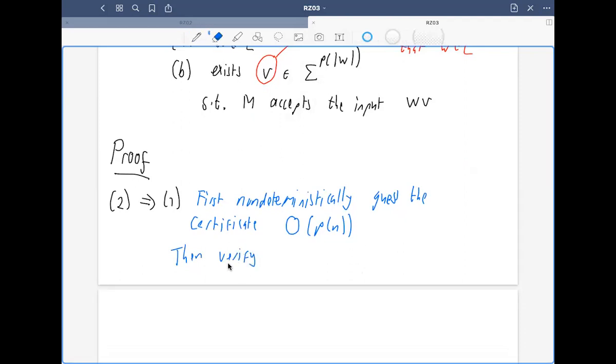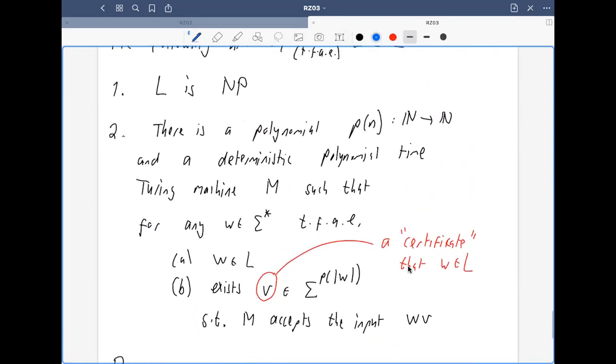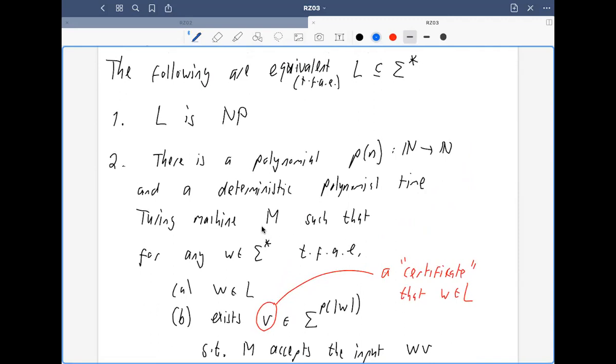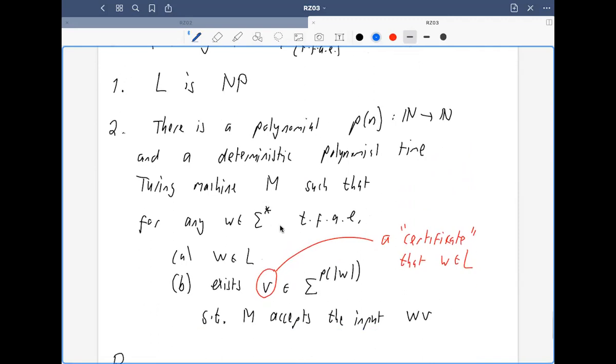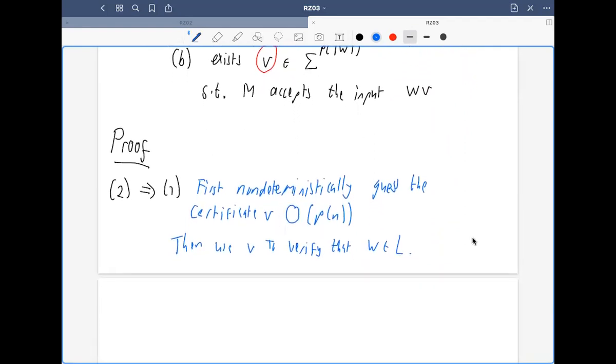So we use the certificate V to verify that W belongs to L. The amount of time that takes is the polynomial that bounds the running time of the Turing machine M. So this is big O of t of n, which is also polynomial.